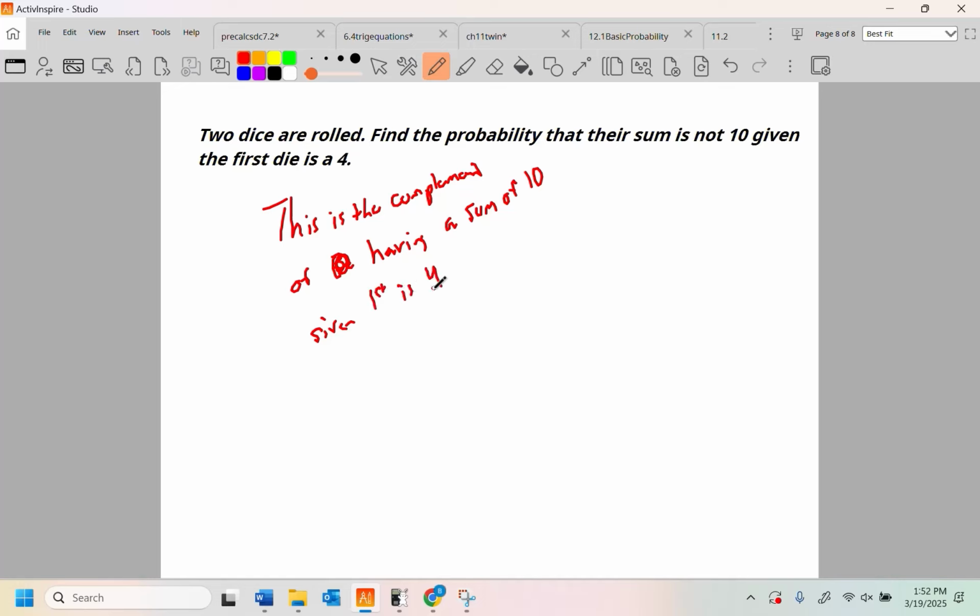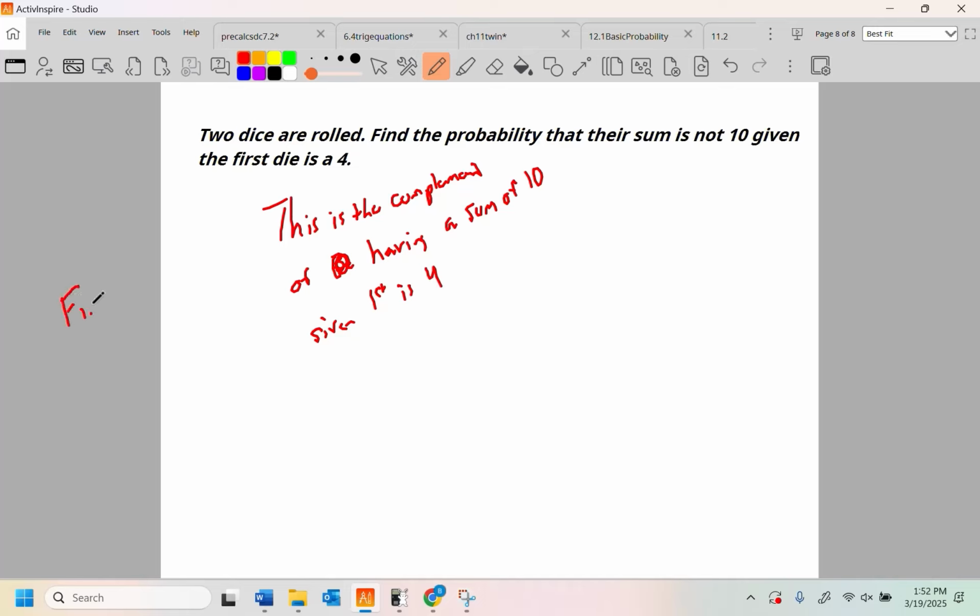All right. So what I'm going to do is find the probability of having a sum of 10 given the first is 4.